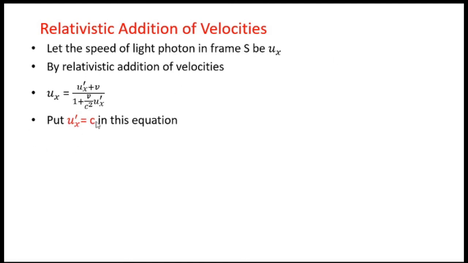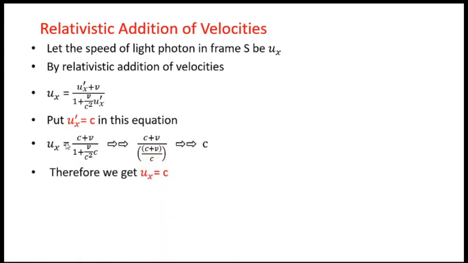So put the value of ux dash as c in the above equation. So we get ux is equal to (c plus v) divided by (1 plus v upon c square into c).